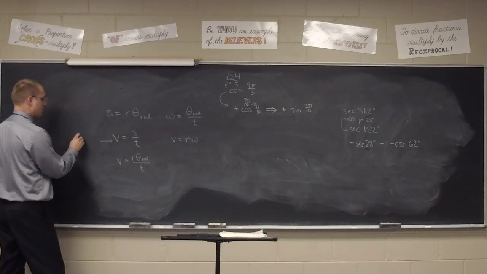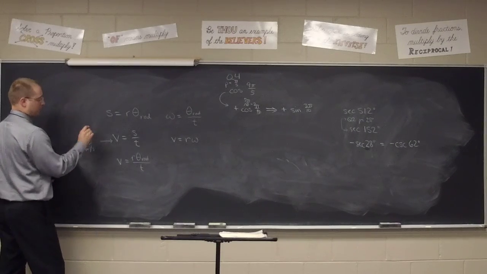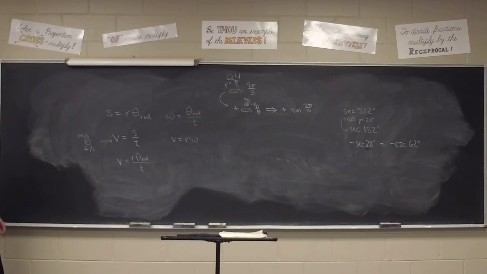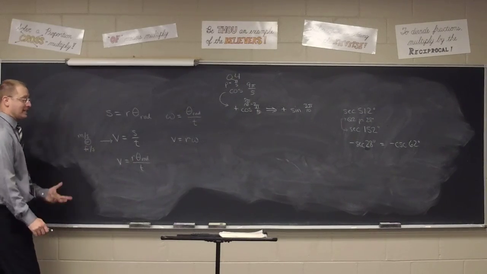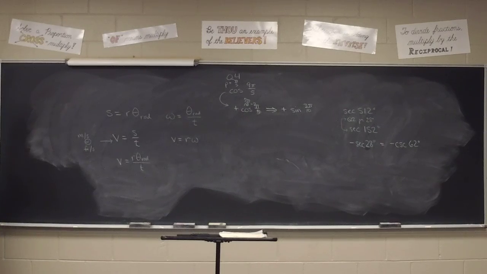V would need to be in either meters per second or feet per second. Of course, the theta rad needs to be in terms of radians. Time will be in seconds. But if you're finding an arc length or finding a radius or something like that, you could use whatever unit happened to be provided. Questions on this?